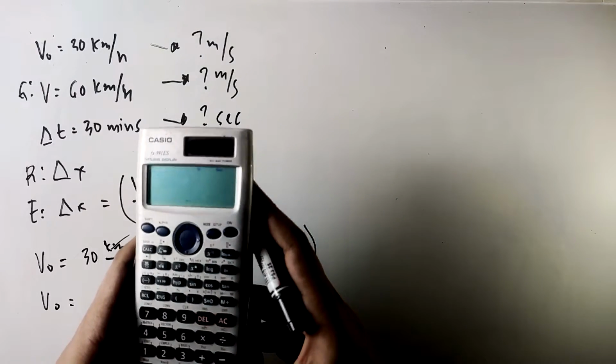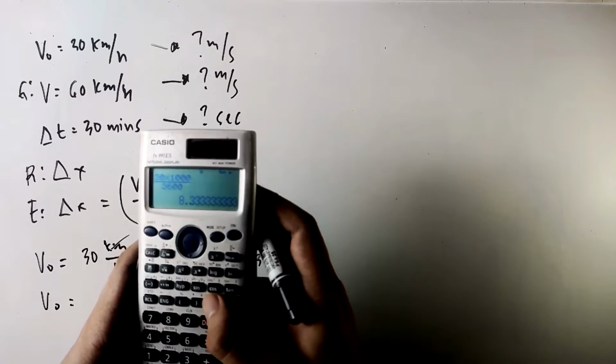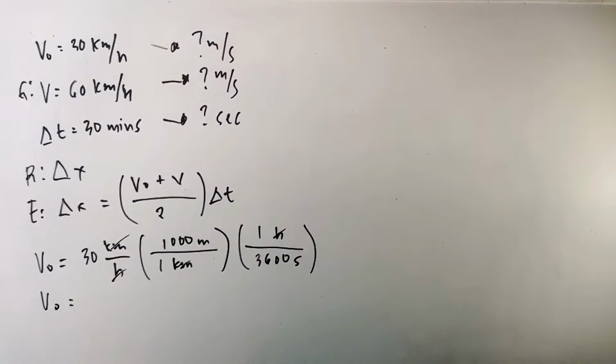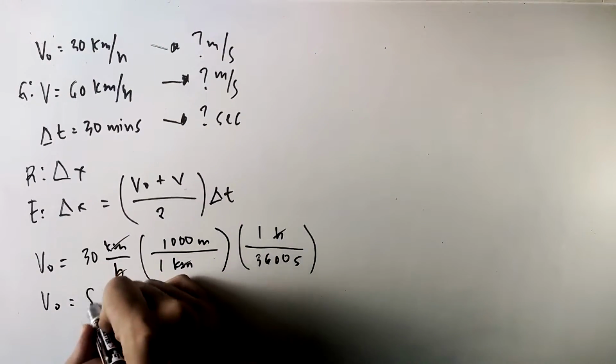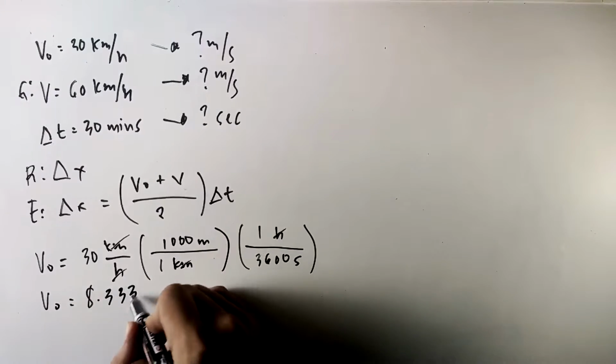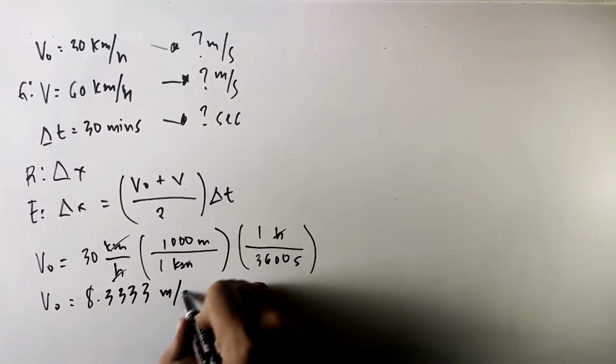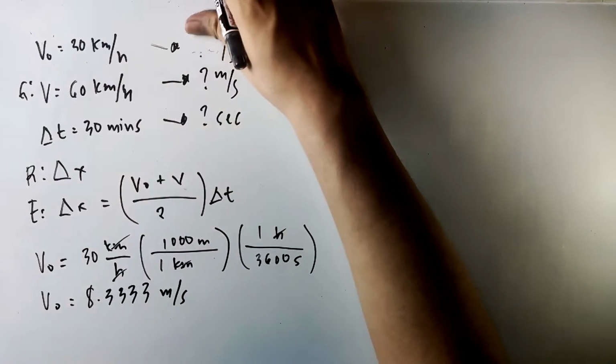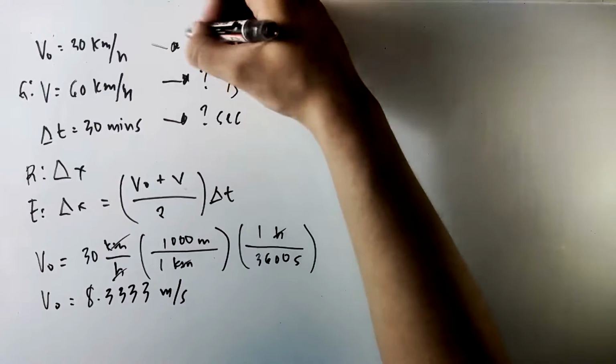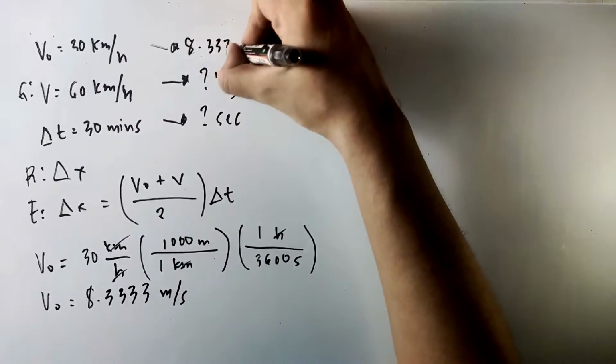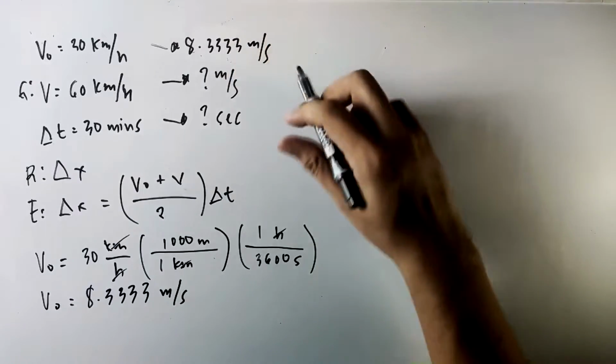See that? So what's the answer? 8.33, or of course 8.3333, because we want to preserve as many decimal places as possible. So this becomes 8.3333 meters per second.